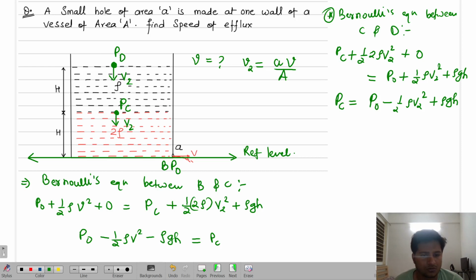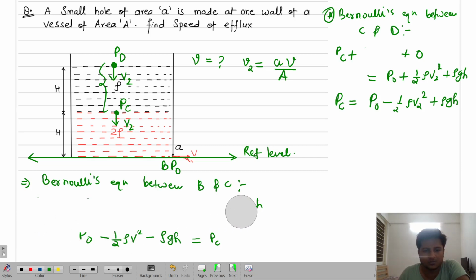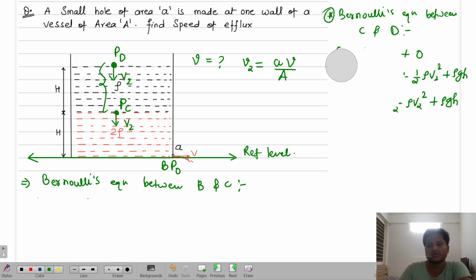Look over here, how come it will be twice rho? Try to think, when I'm considering this liquid, am I just taking this liquid into consideration or not? One minute. I think here also there is a mistake. Let me do it once again.